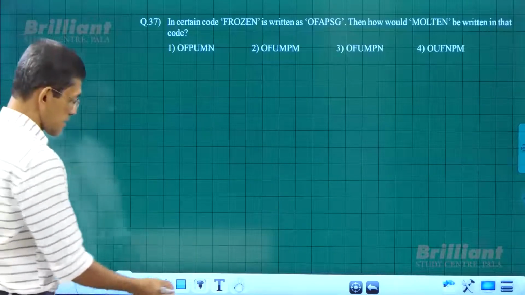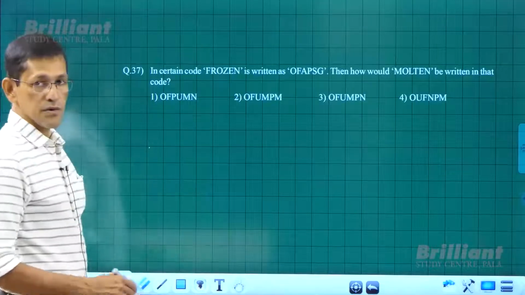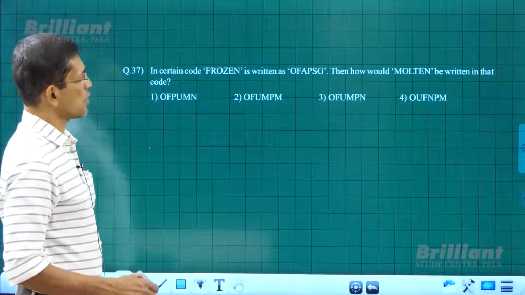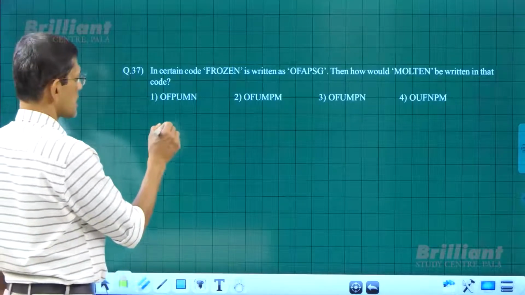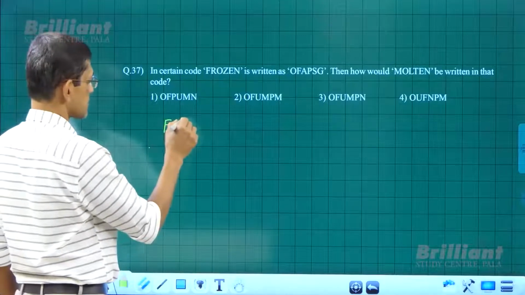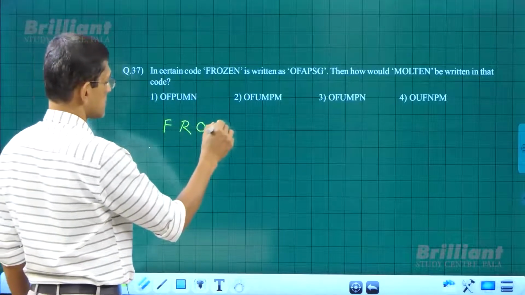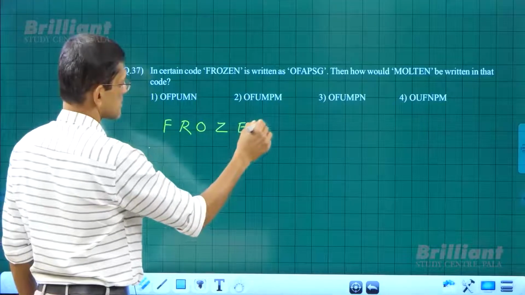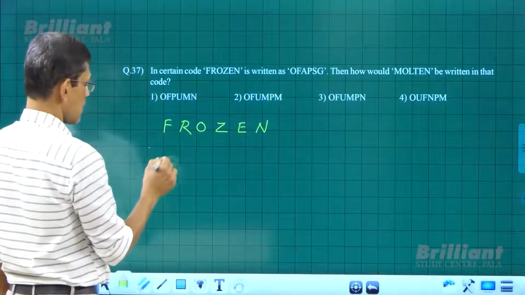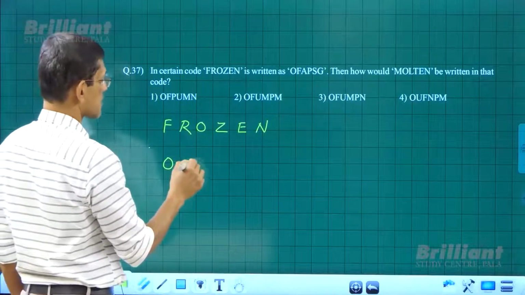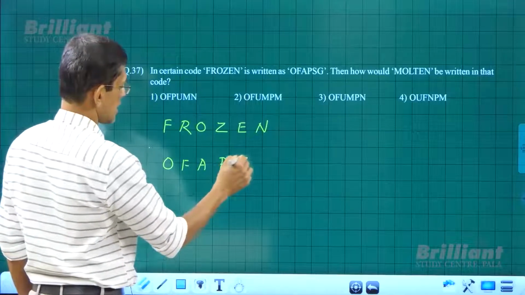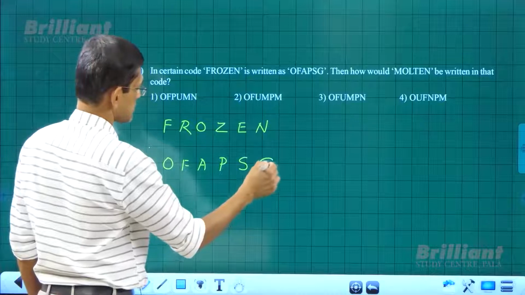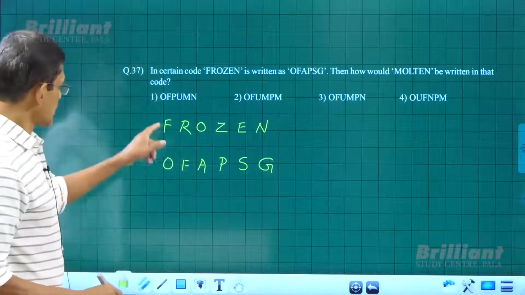Number 37. In a certain code, FROZEN is written as OFAPSG. OFAPSG. So FROZEN. And what is it?